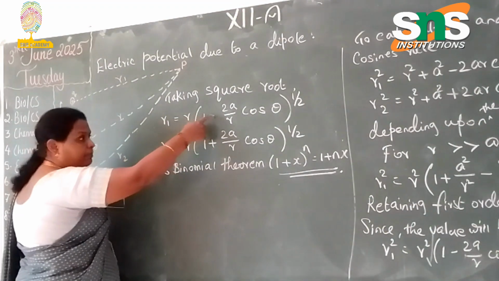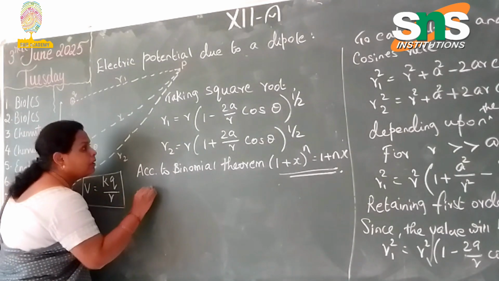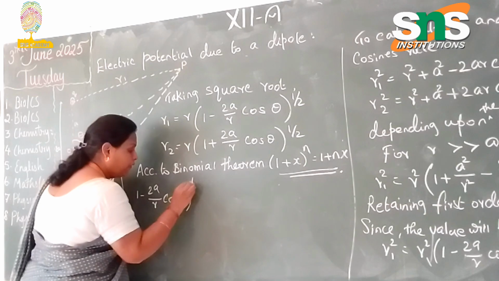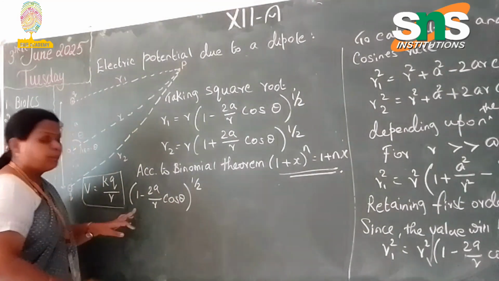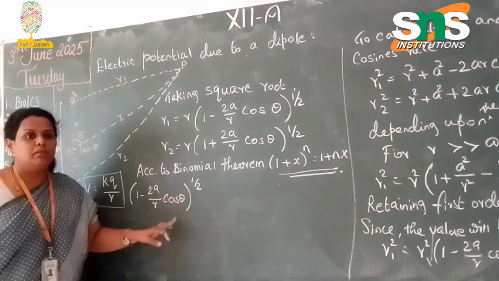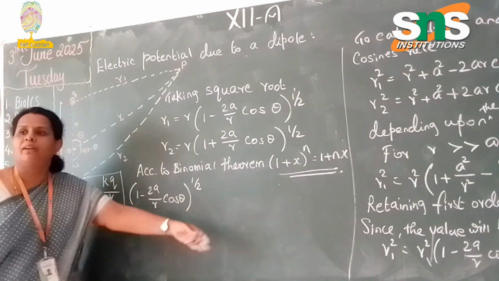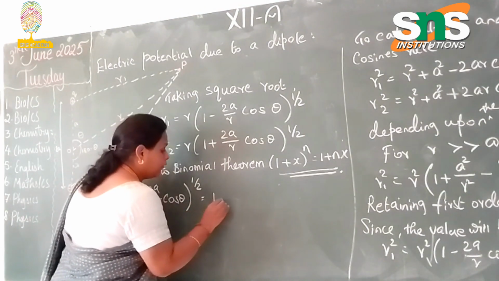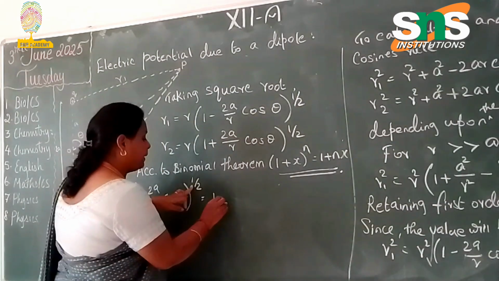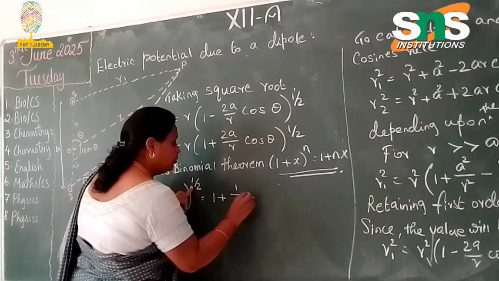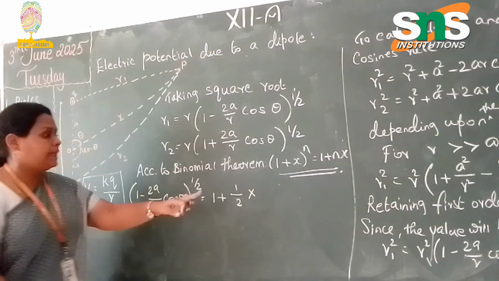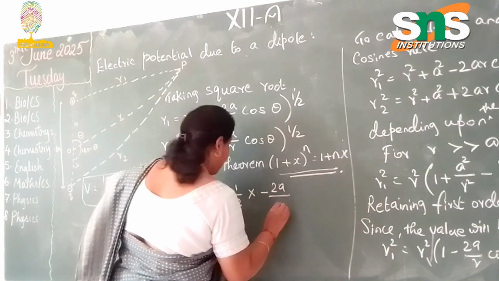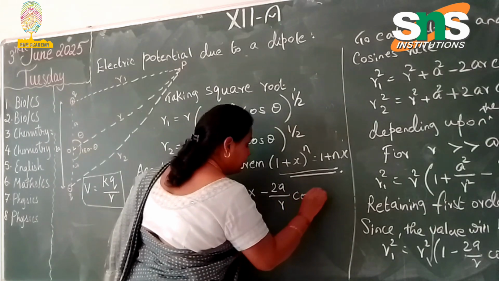So I am taking this term alone: 1 minus 2A by R cos theta power 1 by 2. This is 1 plus x power n. Instead of plus, here minus is there. We can take care of it while writing. That is equal to 1 plus 1 by 2 into, instead of x here, minus 2A by R cos theta.